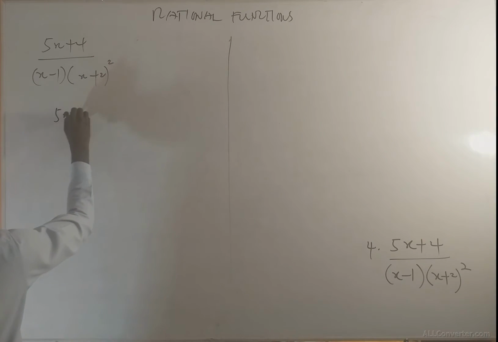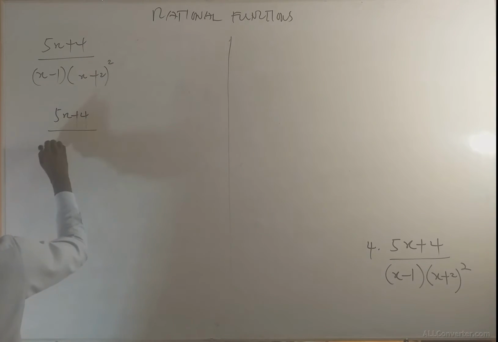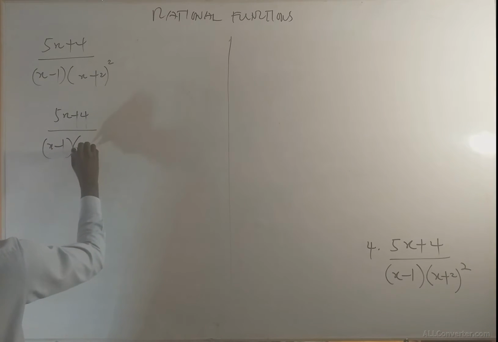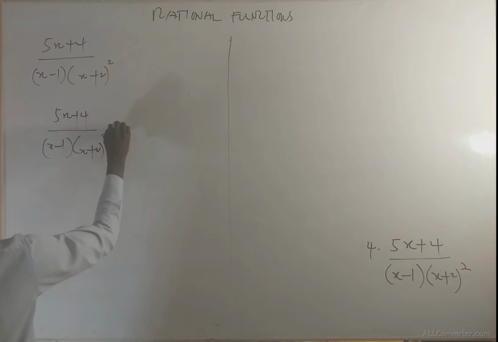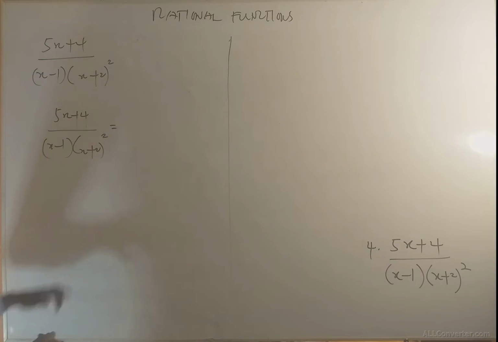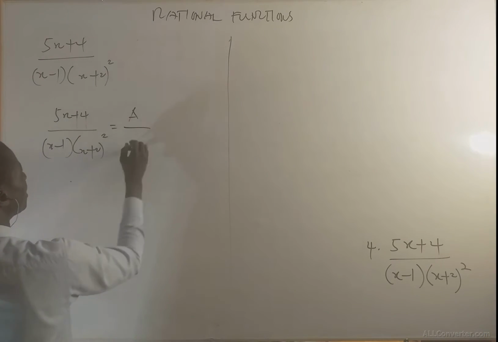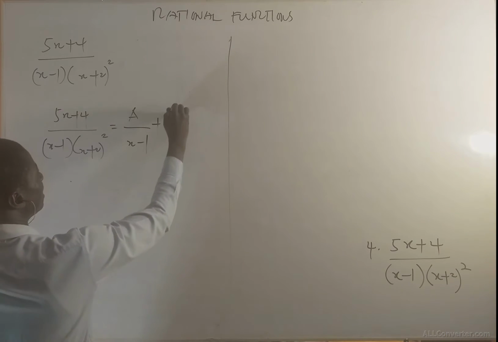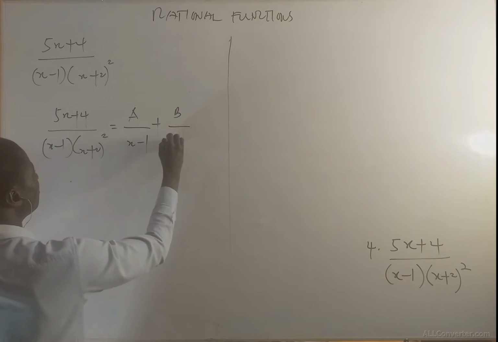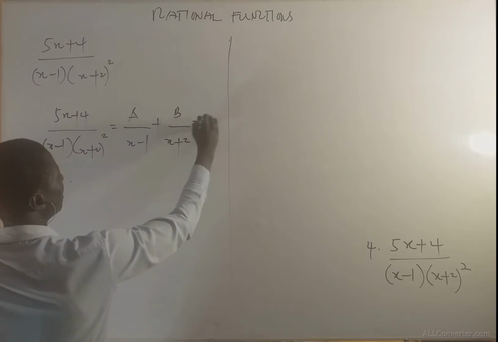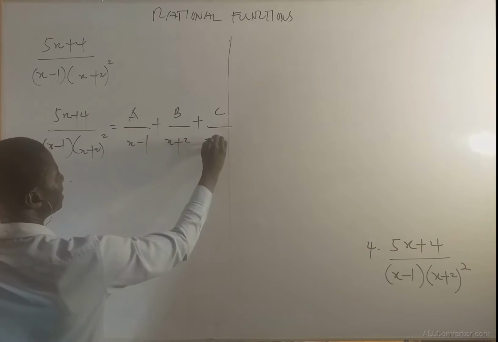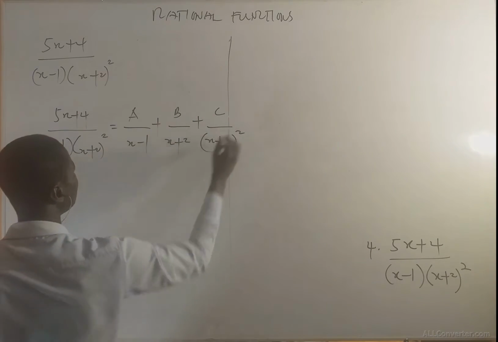So 5x plus 4 over x minus 1, x plus 2 all squared. The first one is a linear factor, and the second one is a repeated factor. So this will be A over x minus 1, then B over the factor you have in the bracket, x plus 2, then plus C over the whole factor, that is x plus 2 all squared.